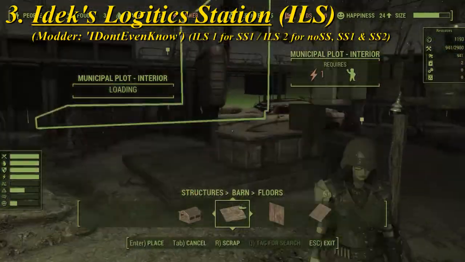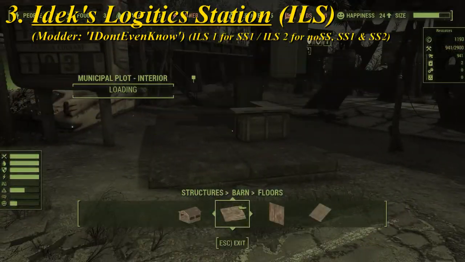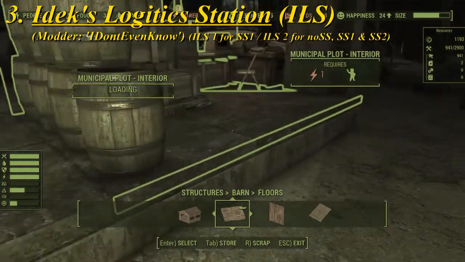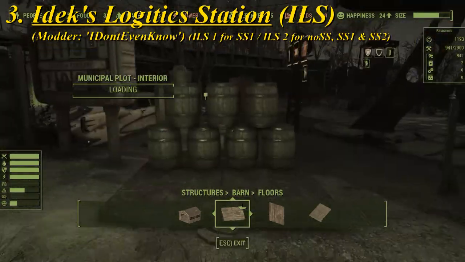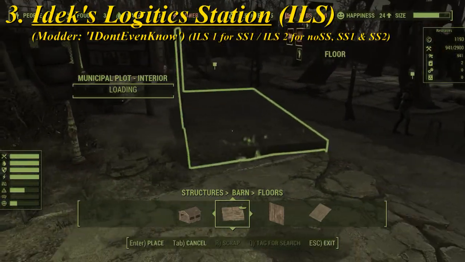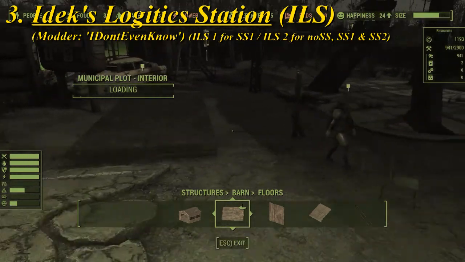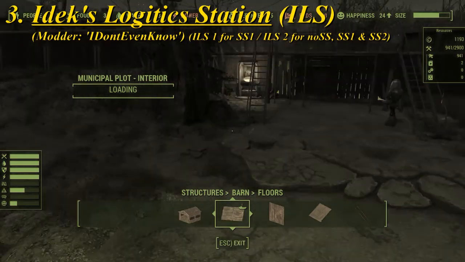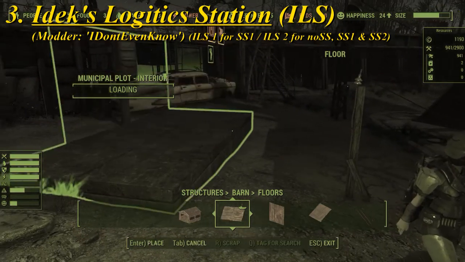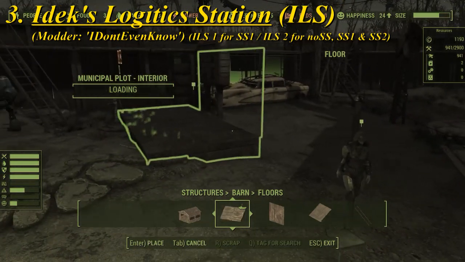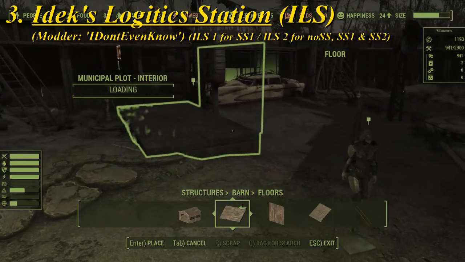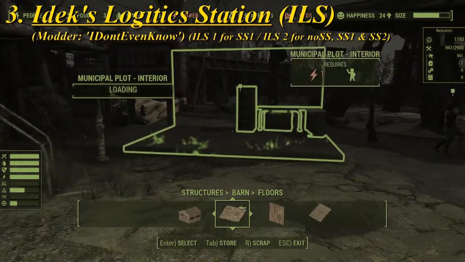Now, the new ILS system can be used separately from Sim Settlements 2, so you don't necessarily need Sim Settlements 2, but it does integrate into Sim Settlements 2. If you're using Sim Settlements 1 still, you can use the older version of ILS, but they are dependent on each other. So how does it work?